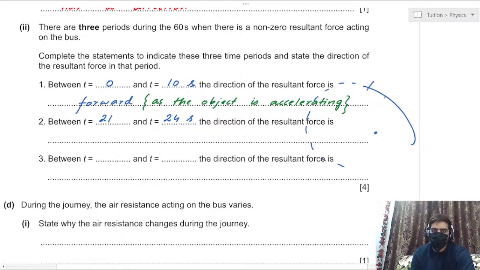This is your object. If the object is moving straight over here, the direction of the resultant force would be perpendicular to the direction of motion, which is basically towards the center of the track, or you can write perpendicular to the direction of motion.